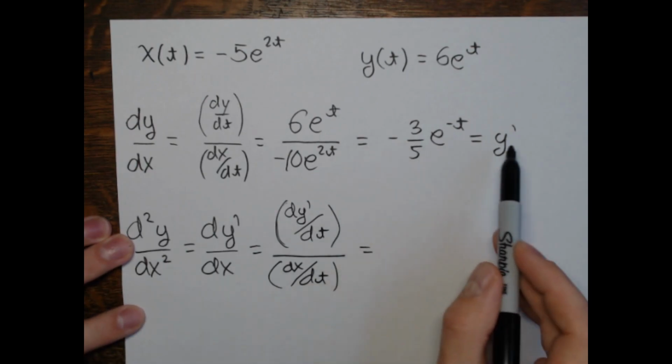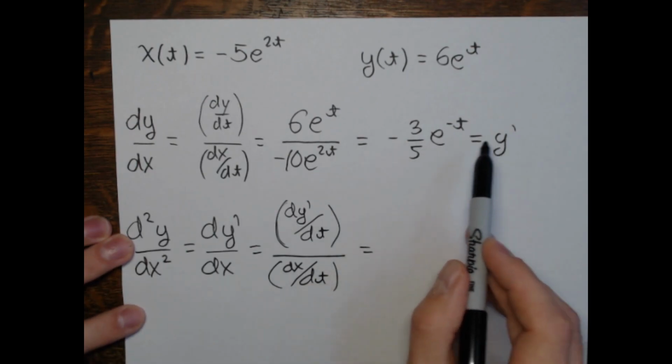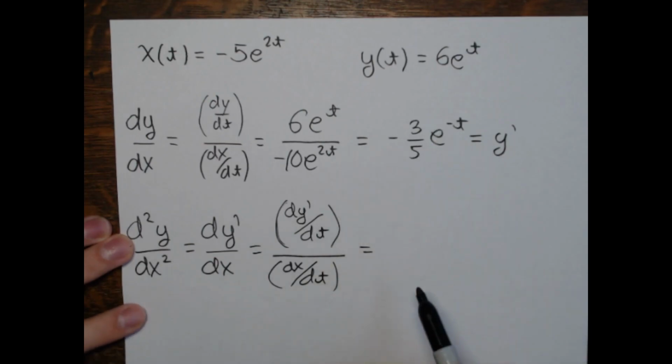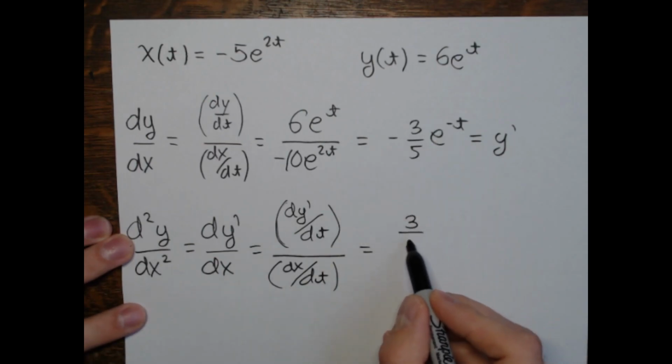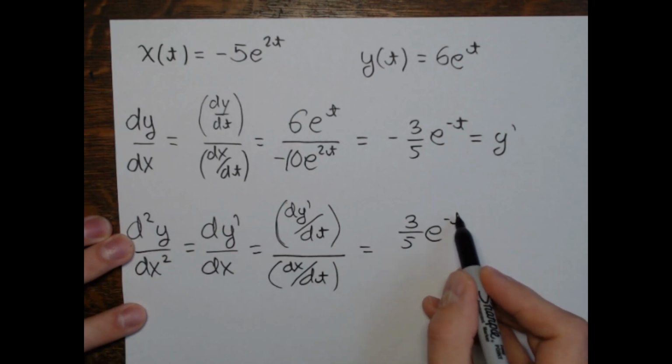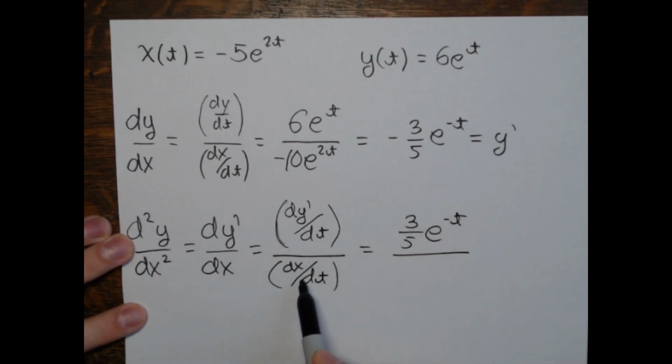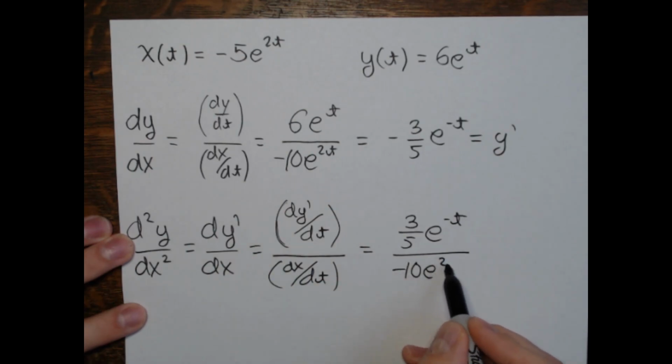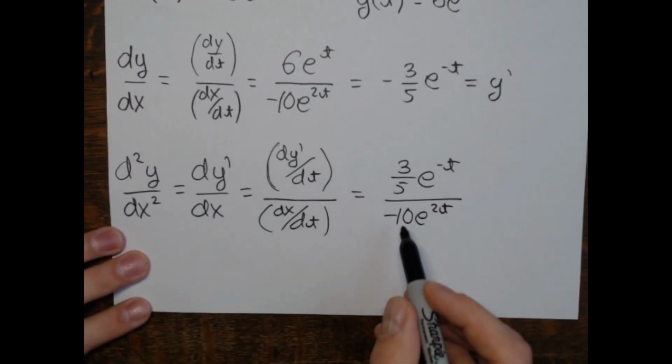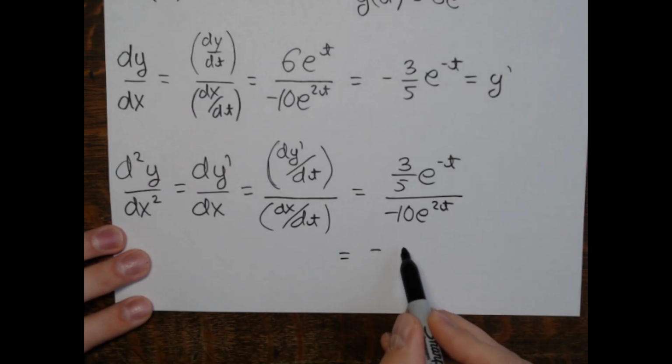Now this was y prime. So the derivative of this with respect to t would be positive 3/5 times e to the negative t, divided by, and then derivative of x we saw earlier was negative 10 e to the 2t. And when I divide these, this would be negative 3/50.